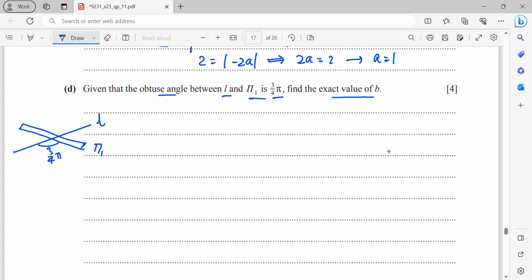So if here is 3 over 4 pi, this is 1 over 4 pi, the acute angle. And then from the pi 1, we have the n1, which is always perpendicular to the pi. And then the L has direction vector b.